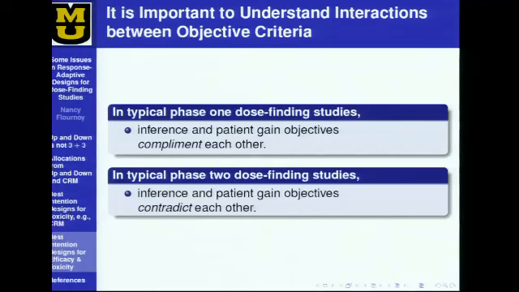I talked about how in phase 1 trials, inference and patient gain objectives complement each other. You want to go to the target, and minimizing the variance of that estimator tells you to put your subjects there. But in two-phase design studies, this isn't true, and I don't know that it's appreciated so much, that your inference and your patient gain objectives contradict each other.